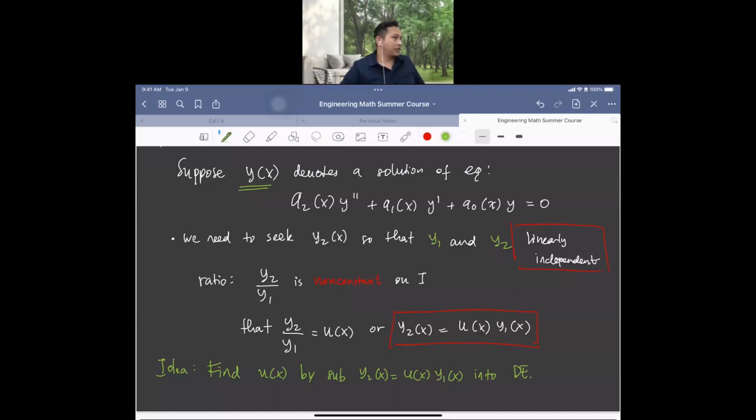We know y1 and y2 are linearly independent, so the relation between them is non-constant, in our case a function.